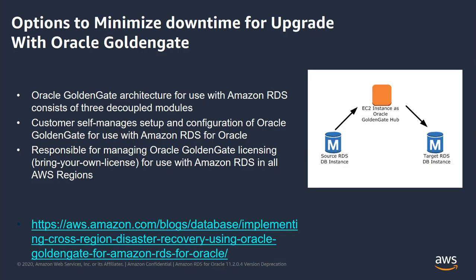The Hub instance has the Oracle GoldenGate software configured with two different Oracle GoldenGate homes, one for the source and one for the target. The Hub instance could also have a database. Then the source could be running 11.2.0.4 and the target could be running 19c, and it could replicate.